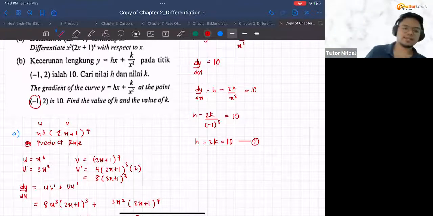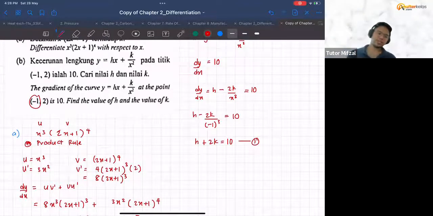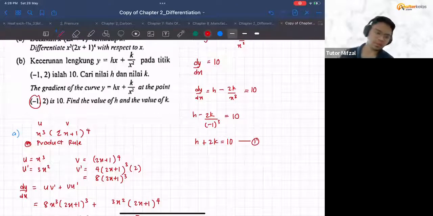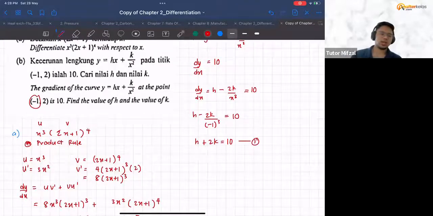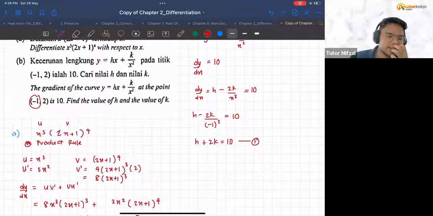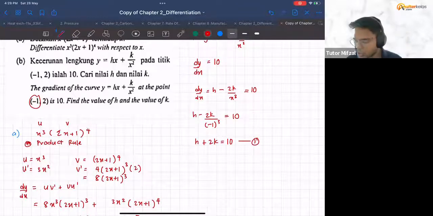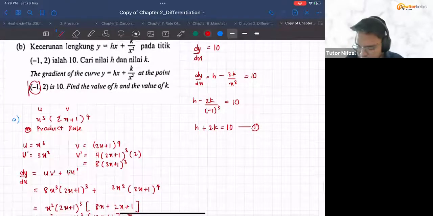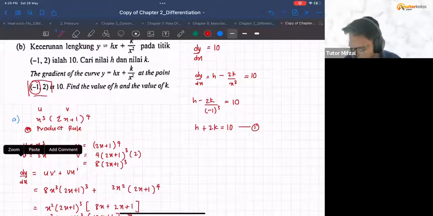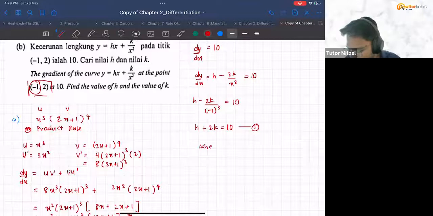Okay. Now, how do we get the second equation? How do we get the second equation? The second equation we can get from the coordinate itself, because it says over here, when x is equivalent to -1, y is equivalent to 2.